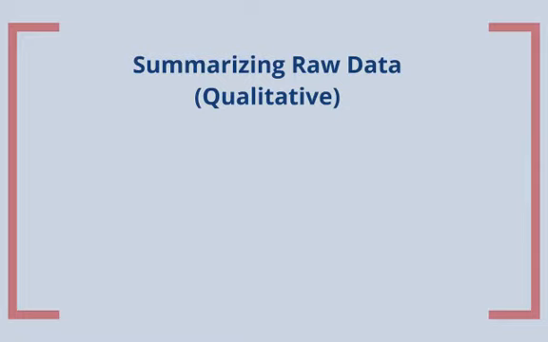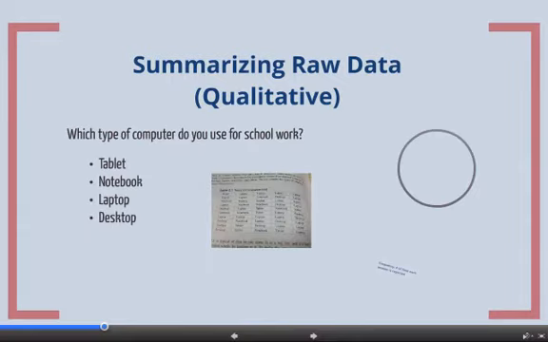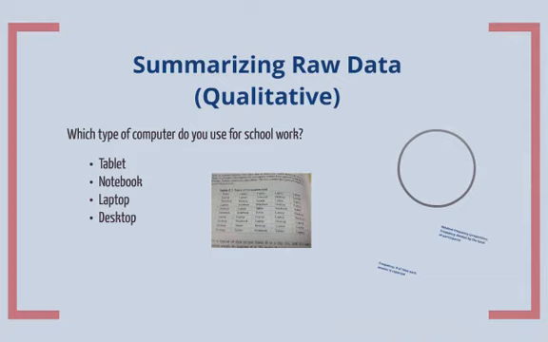So before I explain what a frequency table is, let's use an example to generate a frequency table. And this example can be found in your textbook. So let's imagine that I have a sample of 50 students and I ask them the following question: which type of computer do you use for schoolwork? And I give them the options tablet, notebook, laptop.